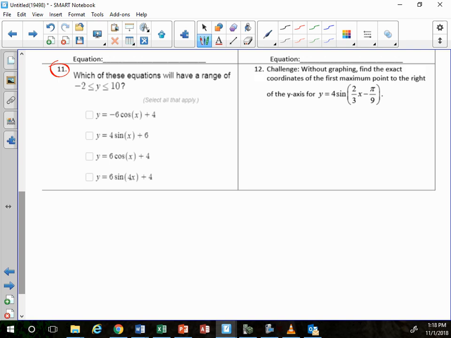I know, those are tricky. Do not graph every single one of these, okay? Really don't graph any of them. Just think about what's happening.